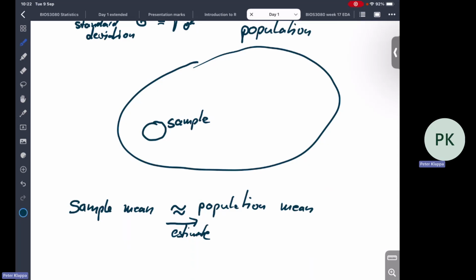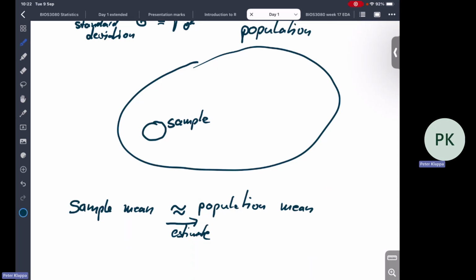And in order to indicate whether we are talking about the population or about the sample, there are certain conventions which indicate immediately to a statistician which one we mean.